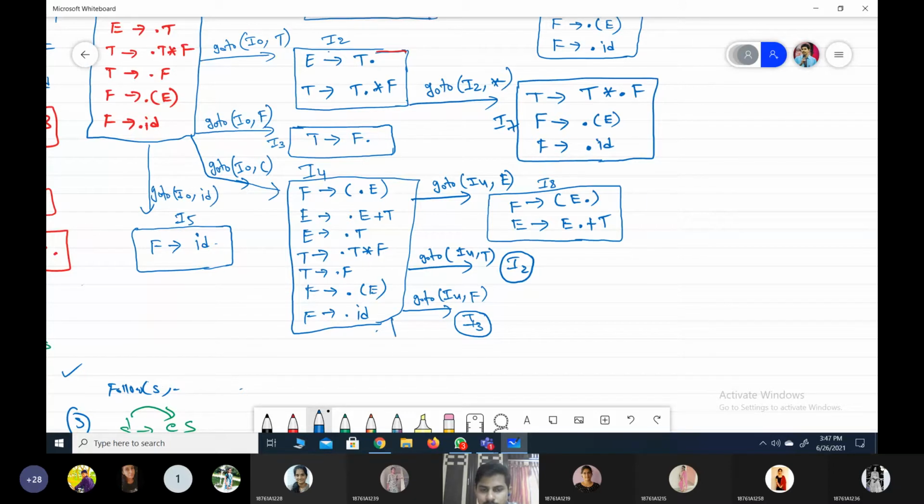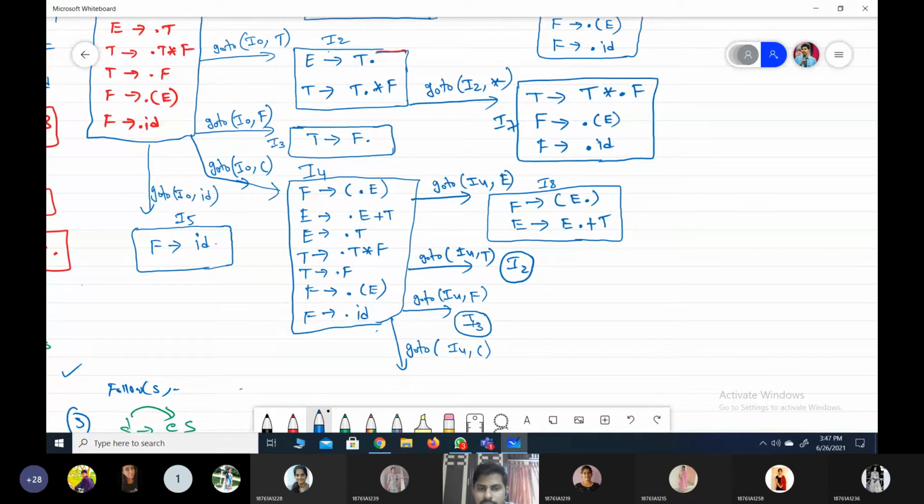And next, goto of I4 on open parenthesis. If I4 on open parenthesis is applied, which state are we getting? F tends to open parenthesis dot E closed parenthesis.